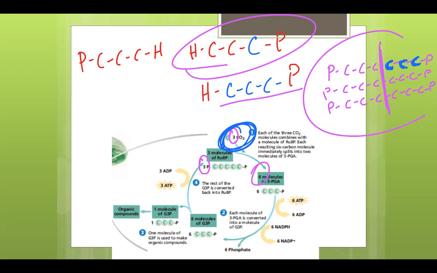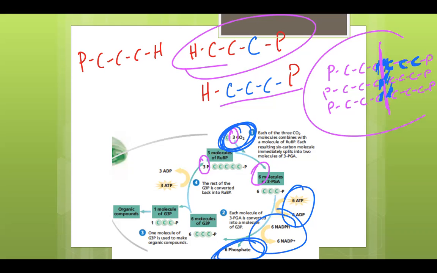So when those 6 are separated, that's why you need to use 6 ATP and you produce 6 ADP. So then you're going to have phosphate on each one. And then you're going to reduce with 6 NADPH, releasing a hydrogen. They're going to release those 6 phosphates. And then guess what?